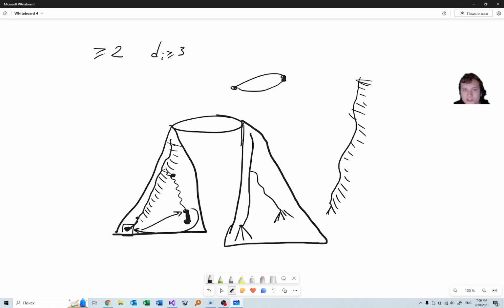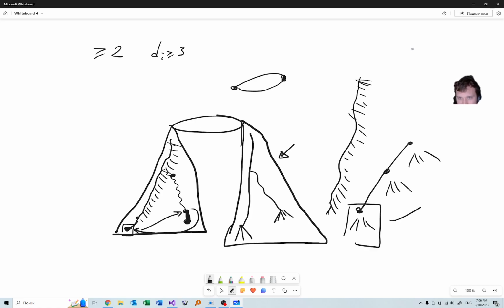So can I reduce the depth of this tree by 1? Maybe. It should be possible with some kind of operations like put this vertex somewhere here. It should be possible.